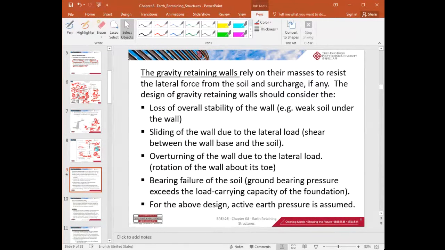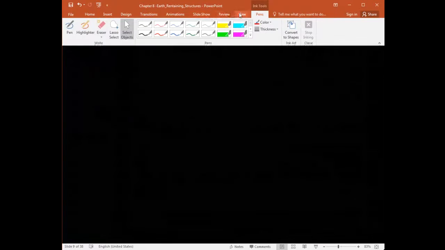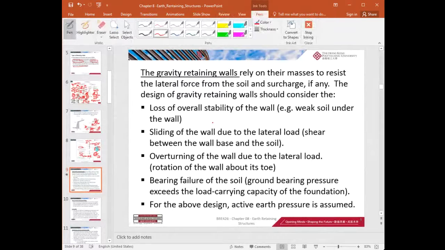Now we come to the gravity retaining wall. A gravity retaining wall relies on the weight of its mass to resist the lateral force, the active pressure behind the wall due to the soil as well as the surcharge at the top.